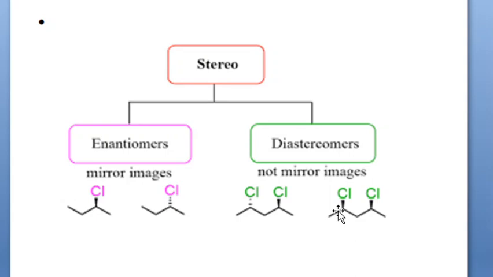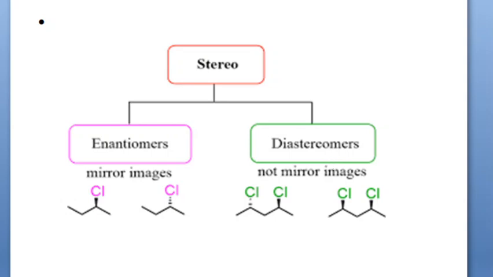A chiral center is a carbon atom surrounded by four different groups. This carbon is surrounded by methyl, ethyl, hydrogen and chlorine, so that's a chiral center. Around a chiral center you can have enantiomers. If two chiral centers are there, diastereomers are possible.